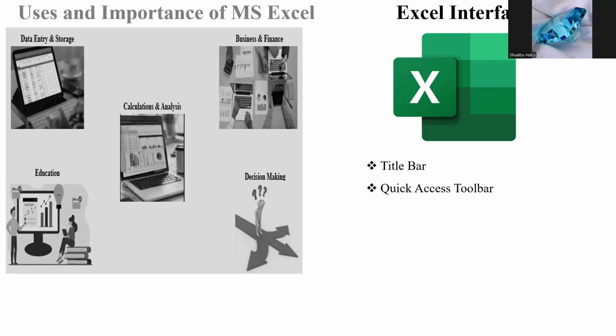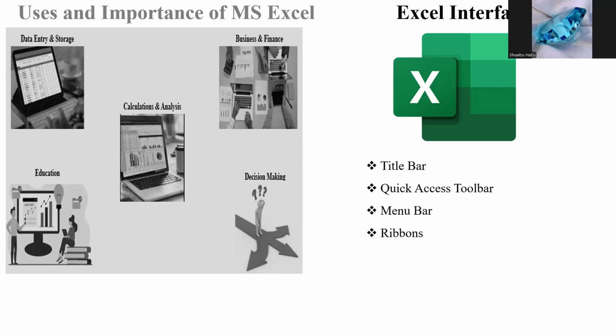Then we have the menu bar, just below the title bar, and it contains things like File and Home buttons. We will see that when I open the interface practically for you.